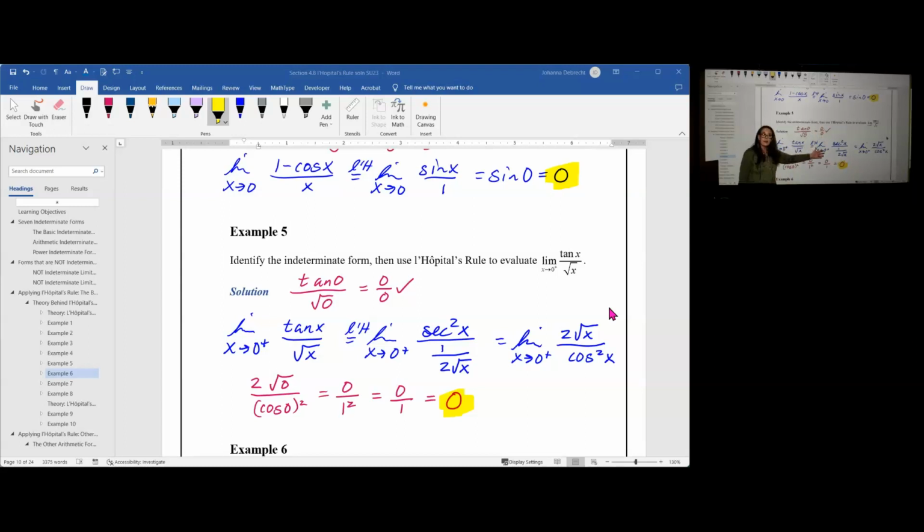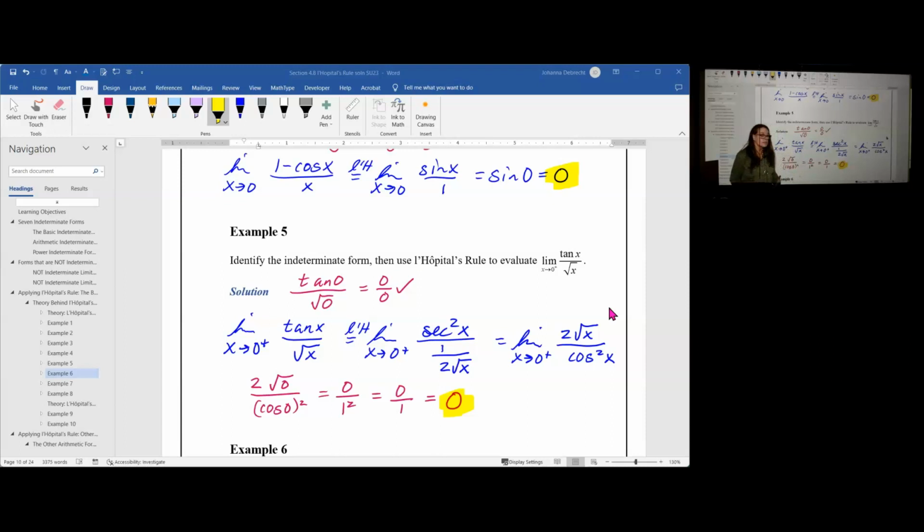Then we can directly apply L'Hopital's rule to get secant squared divided by 1 over 2 the square root of x. Secant squared is 1 over cosine squared, and because the 2 square root is in the denominator of the denominator, it moves to the numerator. I've applied L'Hopital's rule once.